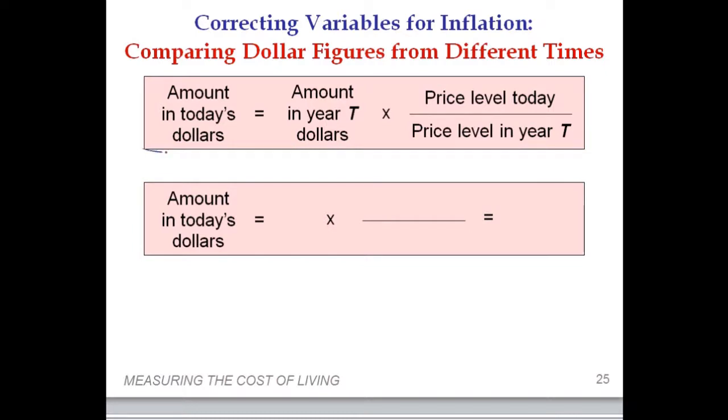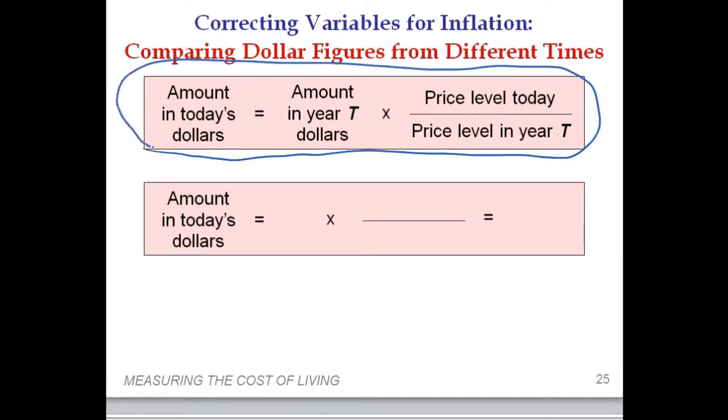Using the following formula, we will know the purchasing power of any year we want, which we will call in this formula the year T. In this example, the year 1964 is the year T, in which we want to know the purchasing power of the minimum wage. The formula says that to know the purchasing power for any year, take the amount you want to know its purchasing power, which we denote by the year T, multiplied by the CPI for the current year divided by the CPI for the year T.